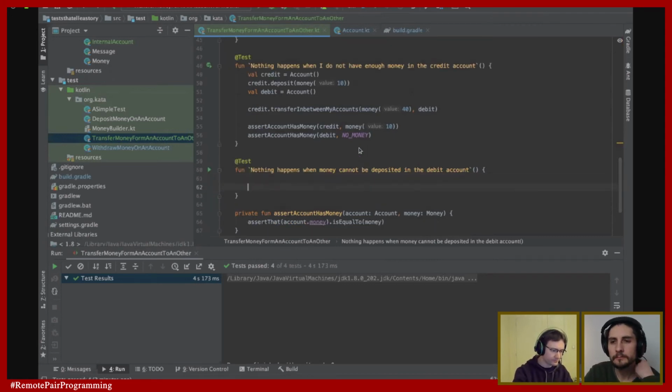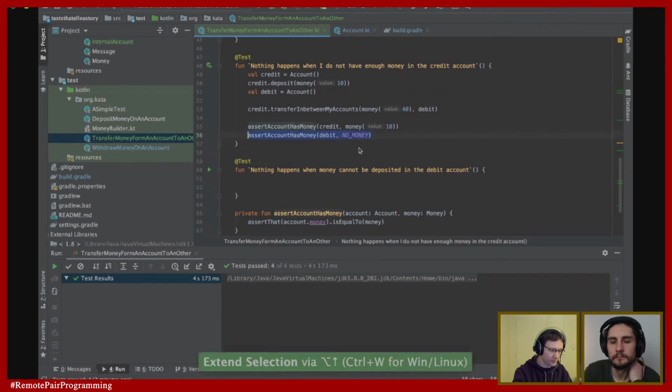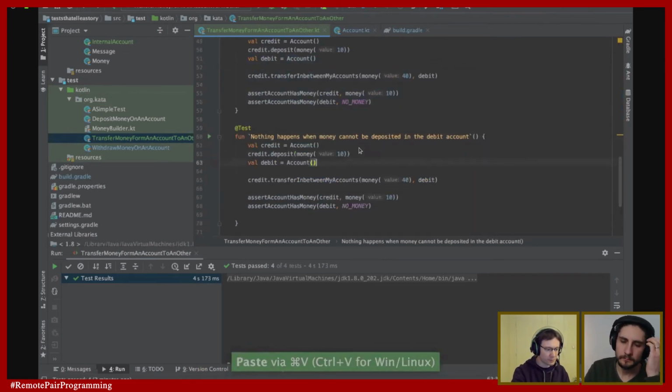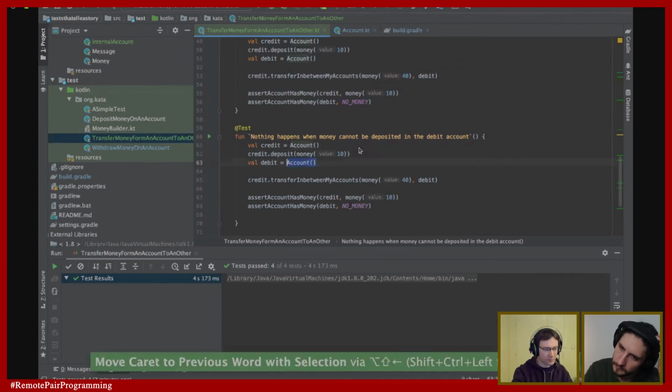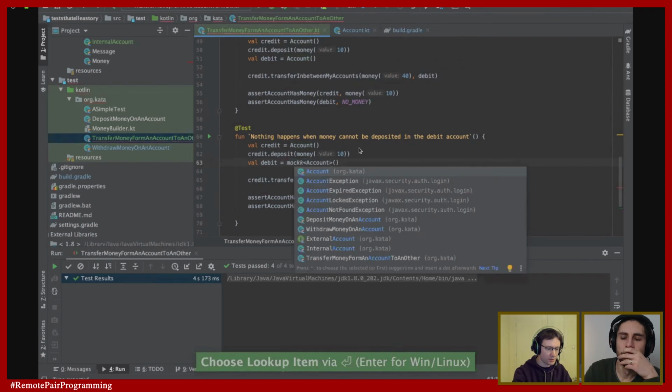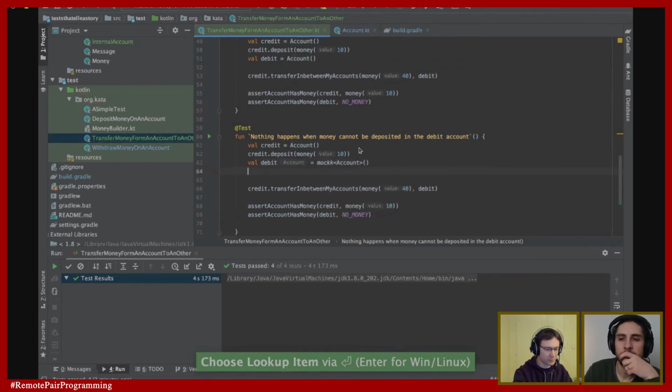Looks nice. Okay, so that should be something very similar to this one, except that we can mock the debit account and ask it to completely fail.